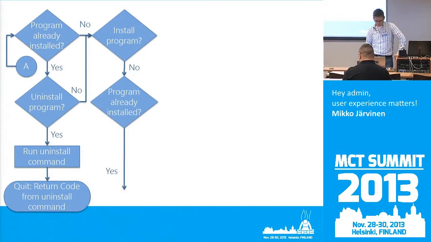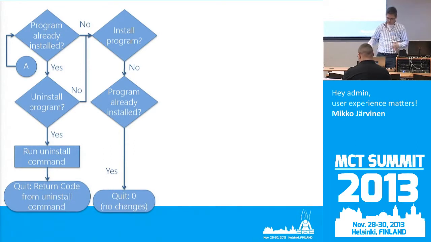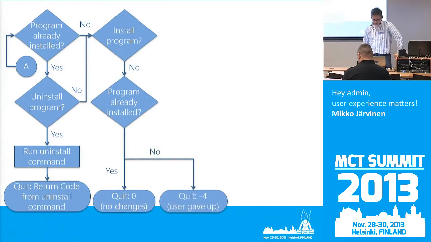If the program was already installed and the user decides not to install the program, then we quit 0 because everything's fine. And if the user doesn't want to install but the program wasn't installed, then we can decide that, okay, the user decided I want to install Adobe Reader, but then he decided, no, I don't want to install, and we get a different return code, and we can go to those users and ask, what are you doing?